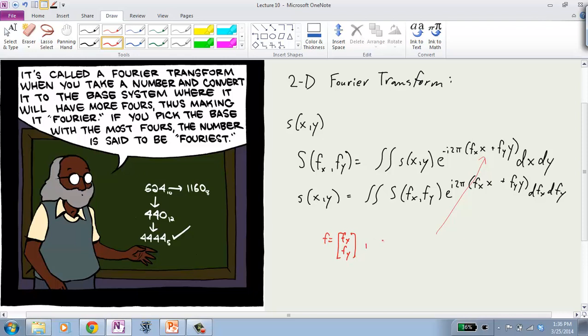Let's say position p equals xy, and we just have this is f transpose p in the exponent.